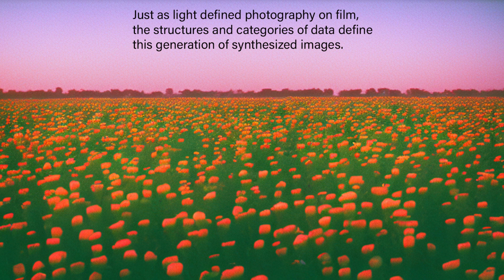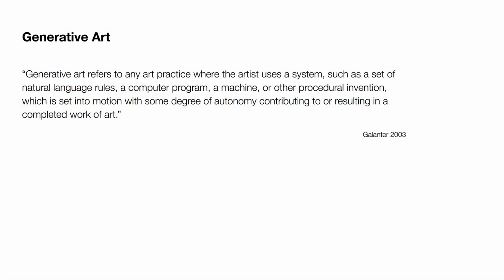This relationship of data and categories to these images can be thought of as a distinct marker of the art form. But it also, I would say, AI images comes from a fairly long lineage of generative artworks. The data revolution has radically changed what these works look like. But the fundamental definition of generative art still holds true.